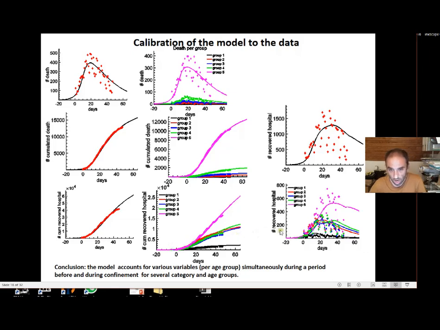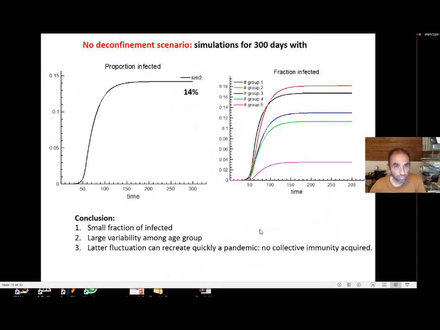Based on this very satisfying calibration of the model, we decided to investigate various scenarios. First of all, suppose that in France there is no deconfinement, and we ran the simulations for 300 days.